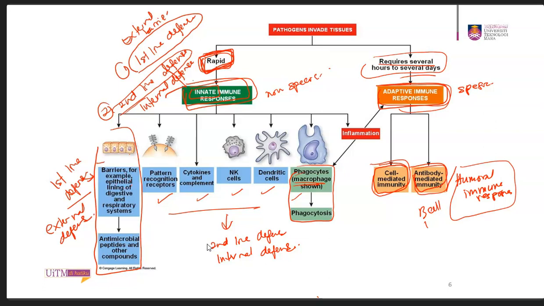For example, the epithelial lining, the digestive and also respiratory systems. So you are breathing, so your respiratory system starting from the nasal cavity, trachea and all that, and then if you are eating, your digestive system will have linings. So all these linings will have mechanism to protect from pathogen going deep into your body.